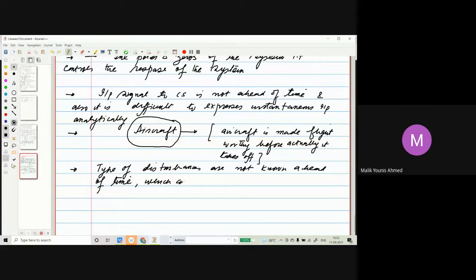The types of disturbances which an aircraft may encounter during its flight are not known ahead of time. While this aircraft is flying, whether rain will come, whether hail will come, whether visibility will be poor, whether there will be some other problem, or whether the wind will be blowing at a very high speed which an aircraft cannot control, we don't know what will be coming up.